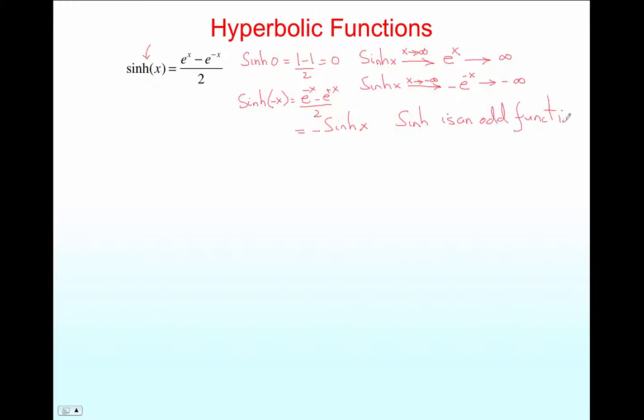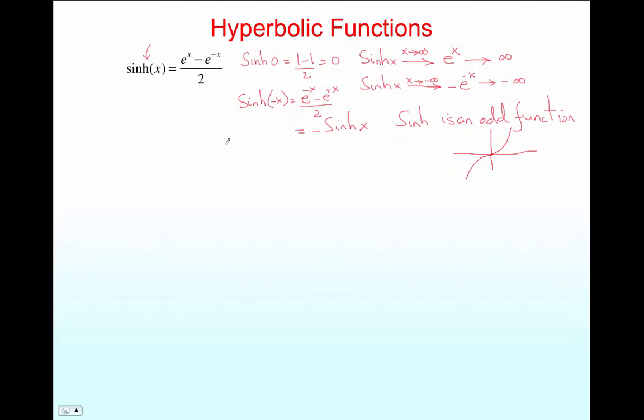And that means that the graph to the right and to the left will be the negatives of each other. We look at the graphs later, but you can already make out some things from here. e to the x is going to infinity and this is going to minus infinity over here. So this is what you expect the graph is going to look like. It'll start from 0 and then go up. And in the other direction, it'll go like that. So we shall look at this later more carefully.